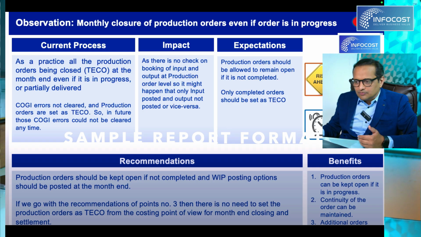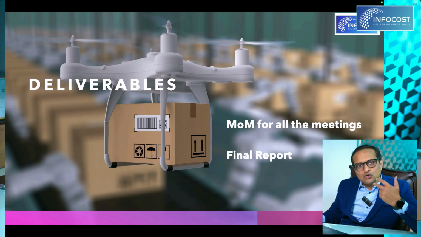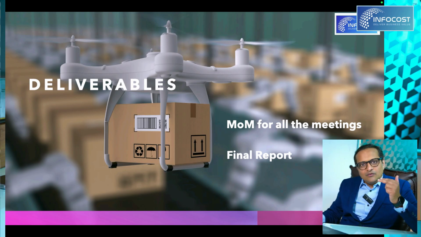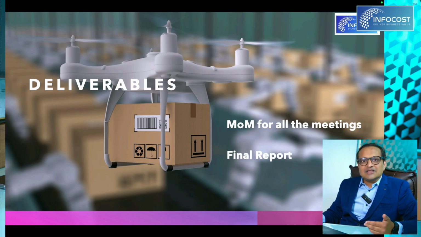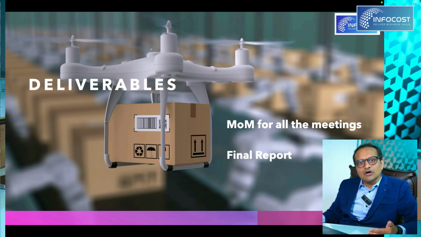Our deliverables are all the minutes of meetings and the final report which we will prepare. Under this report, we will have 2 steps. When we prepare the report, we will share it with you as a pre-read, and after that, we will further change it as per your recommendations and feedback, and then we will also help you present this report to the senior management of the organization.